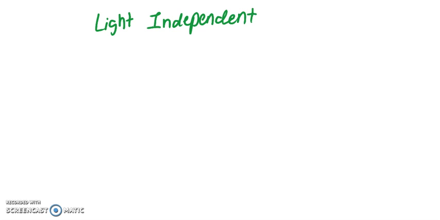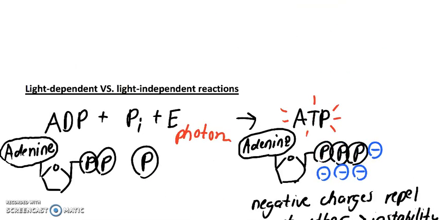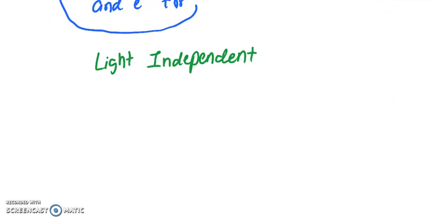Okay, now on to the light independent reaction. So you won't see a photon as a reactant here. Again, these occur in the stroma, and no light is required here.